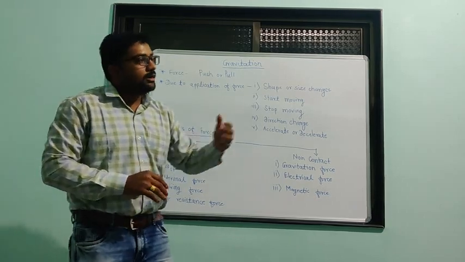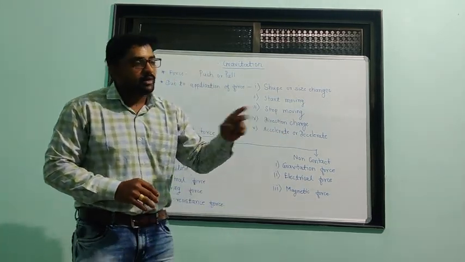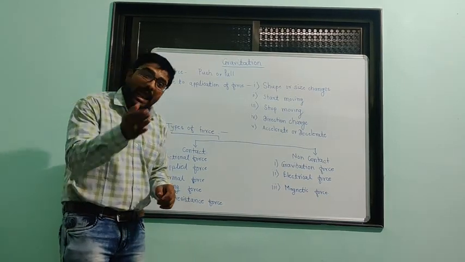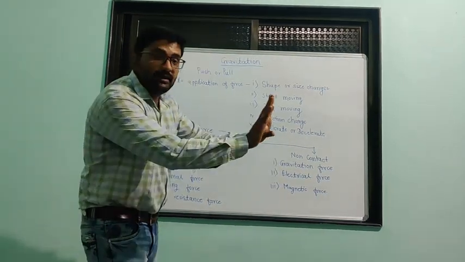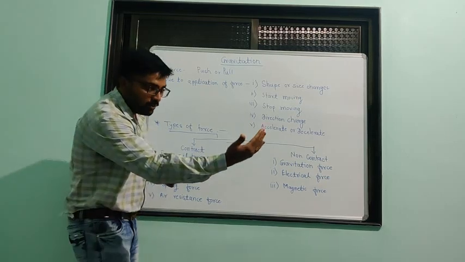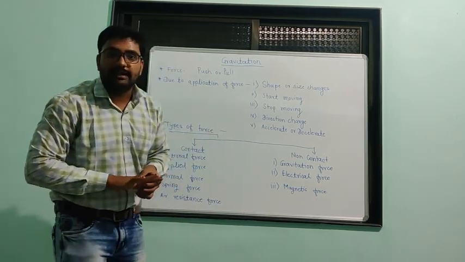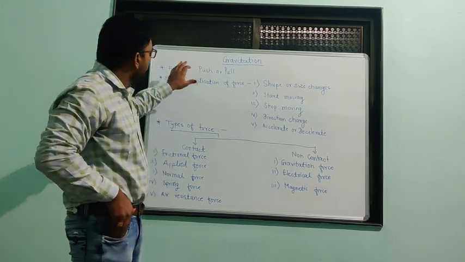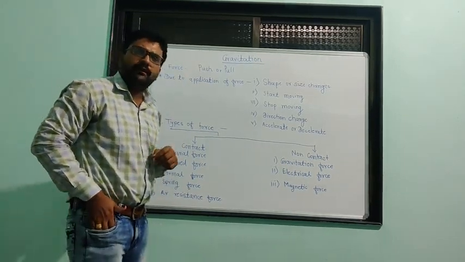Actually in pulling or pushing, in those two cases, what we do is apply some external thing, due to which motion of that door takes place. So if we have to make a proper definition of force, how can we define it?